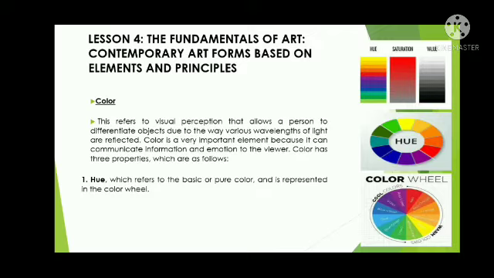So it simply means that hue is what most people think of when using the term color. It corresponds to its position in the spectrum that is found in our color wheel. For example, the hues are red, orange, yellow, green, blue, and violet.